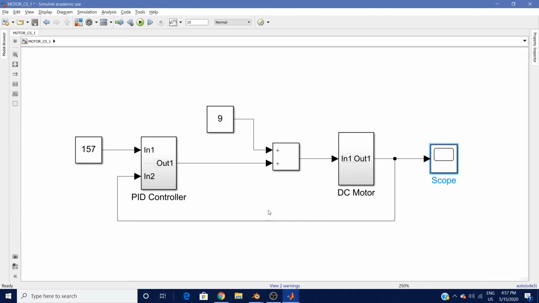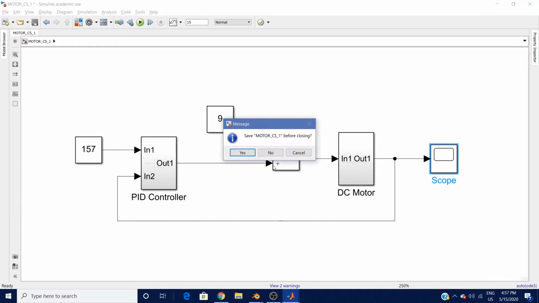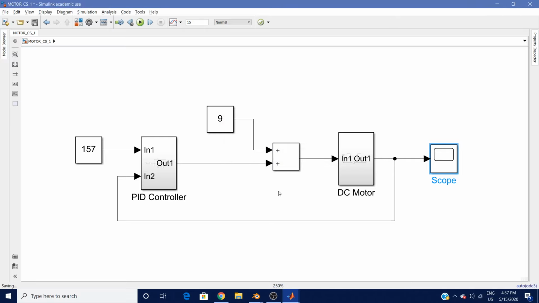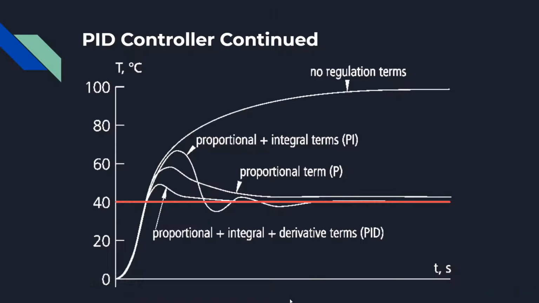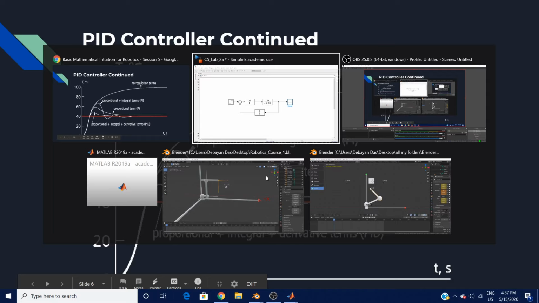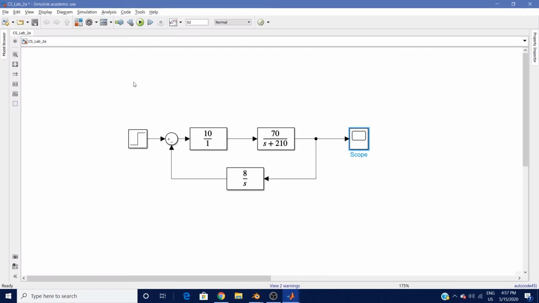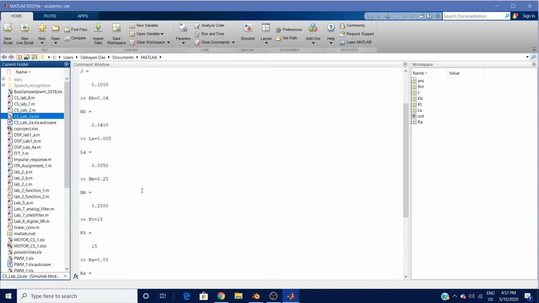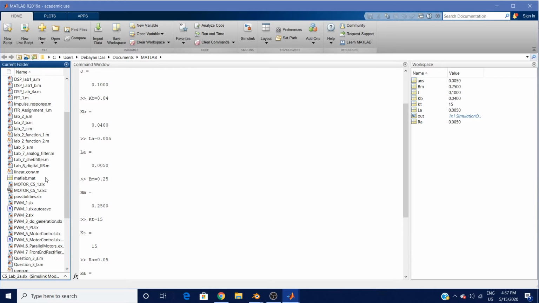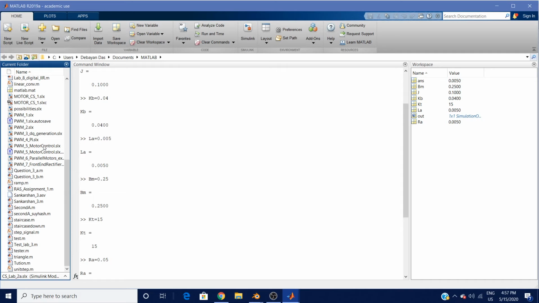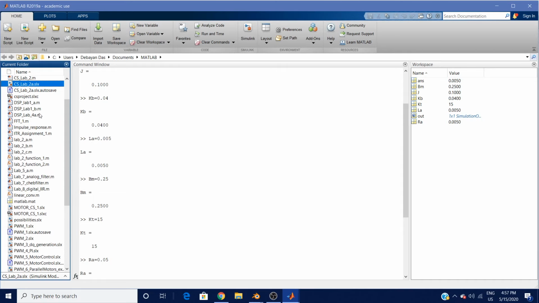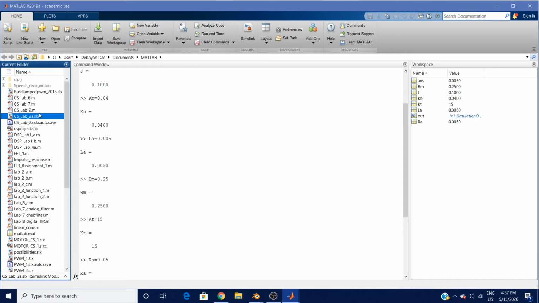Wait. I think I'm going to close this once and just reopen it on MATLAB itself. Just bear with me for a second. Okay, there we go.